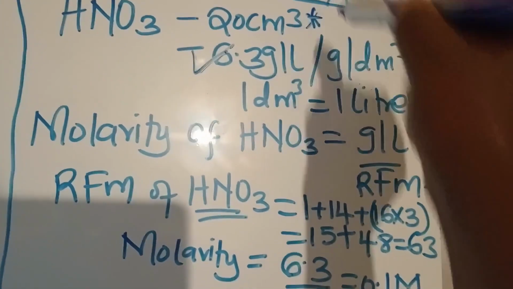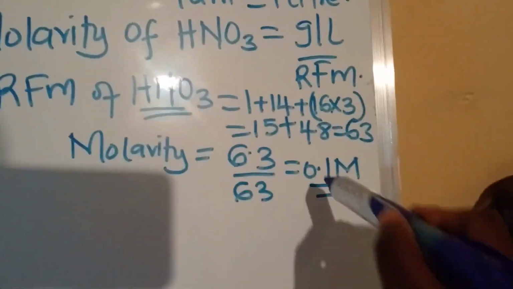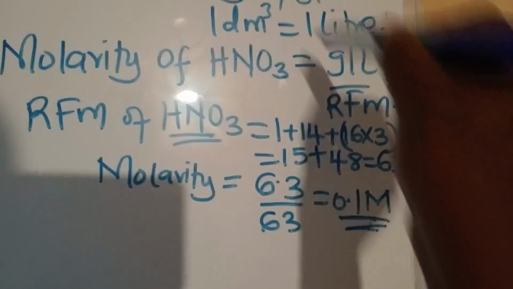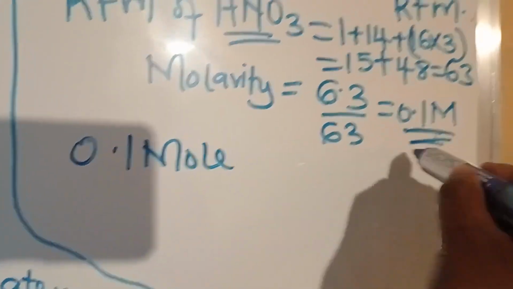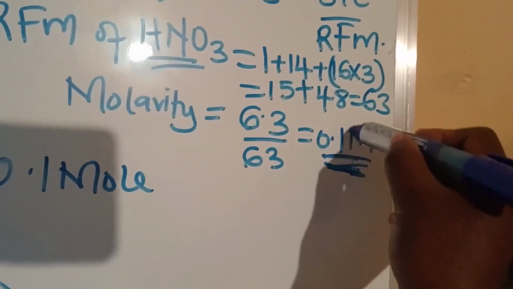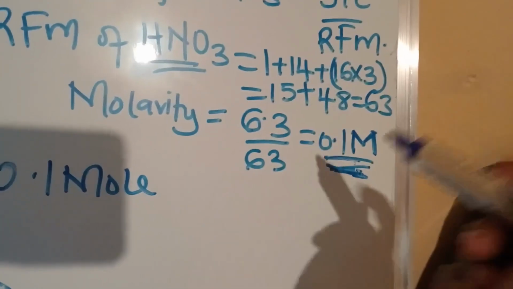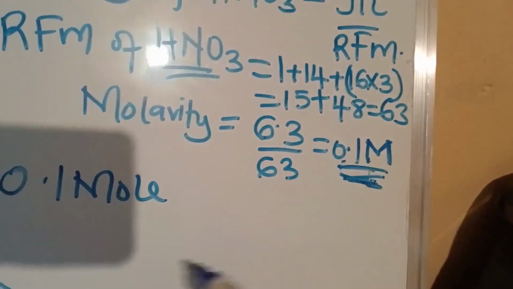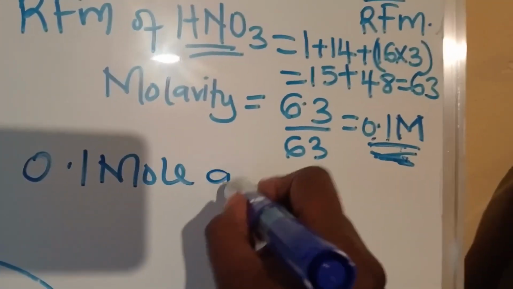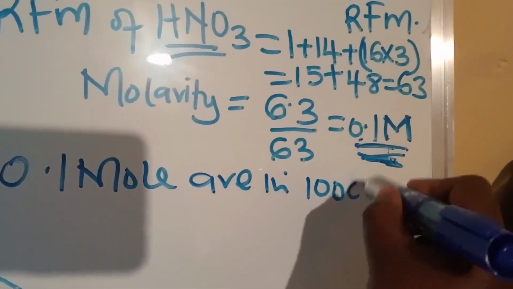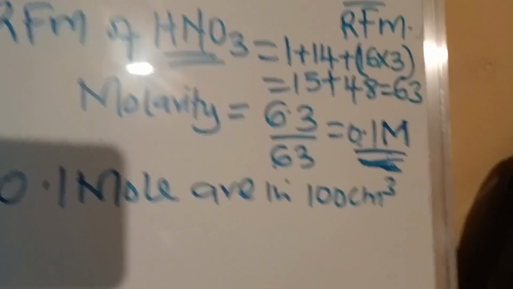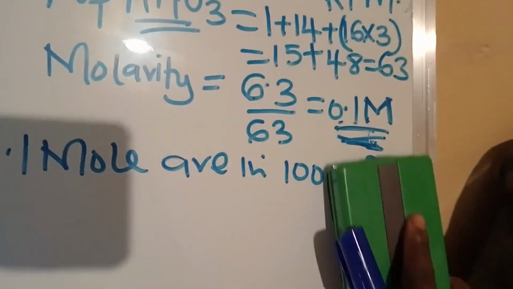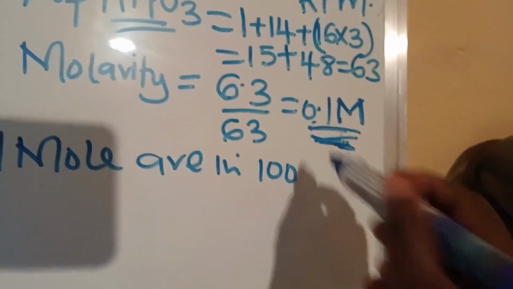We are remaining to use the volume. So we use this molarity that we have got and the volume that we had been given. So we say 0.1 mole. This one now, the interpretation of capital M for molarity is that we have this number of moles in a liter. So 0.1 mole are in 1 liter, which is 1,000 centimeters cubed. 1,000, not 100, 1,000 centimeters cubed.